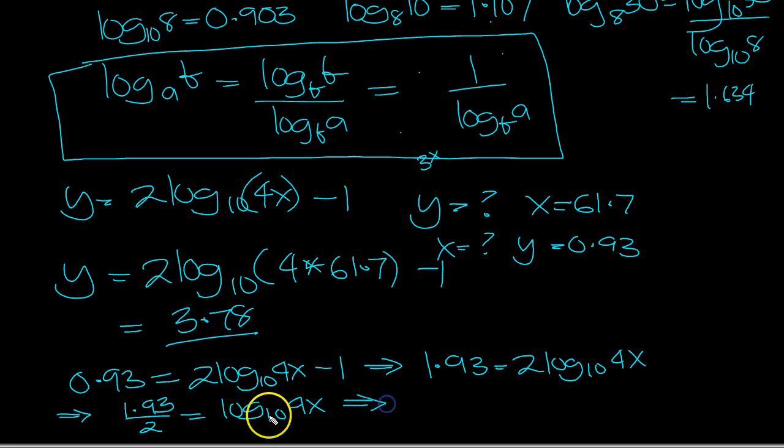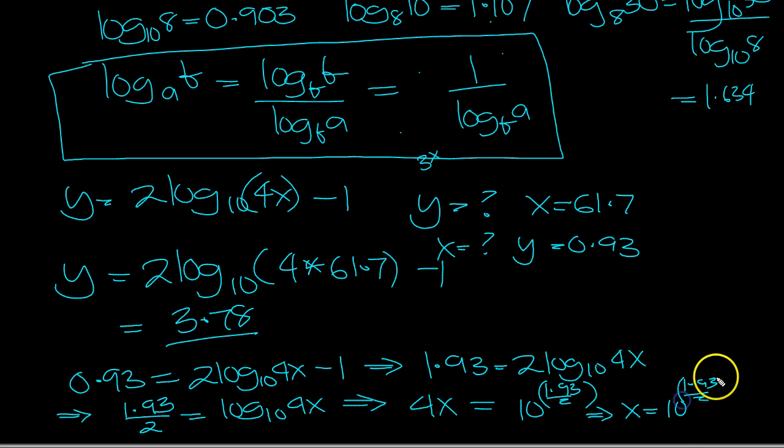Now we can unwrap the log. 4x then is equal to 10 to the power 1.93 over 2. And then we can finally divide by 4. So it's 10 to the 1.93 over 2, divided by 4.